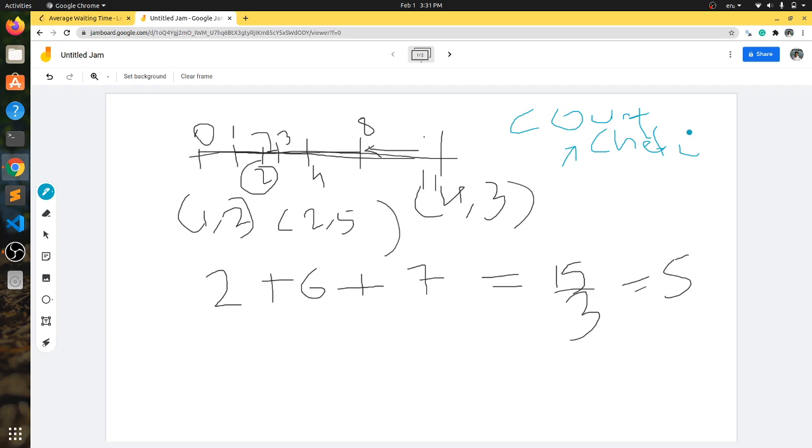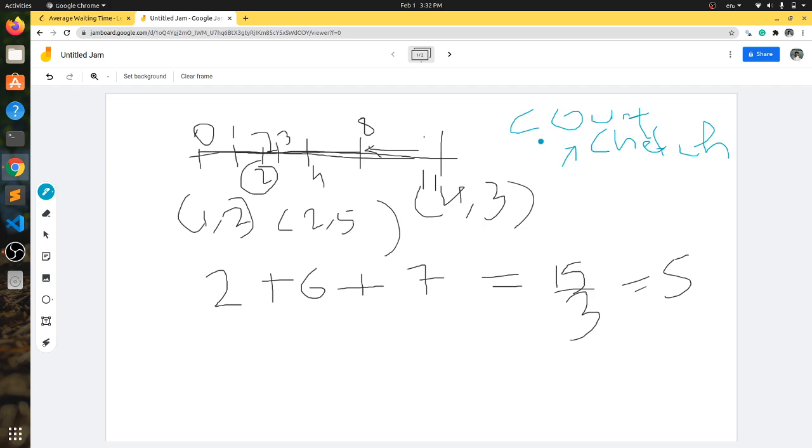Basically the counter stores the time at which he will start preparing the food for the ith customer.